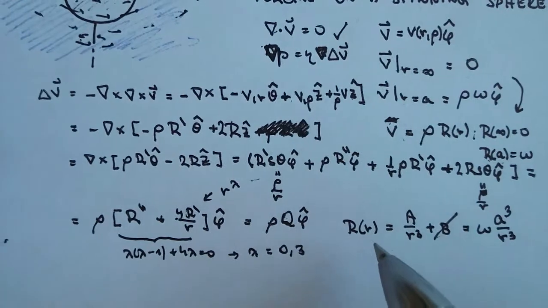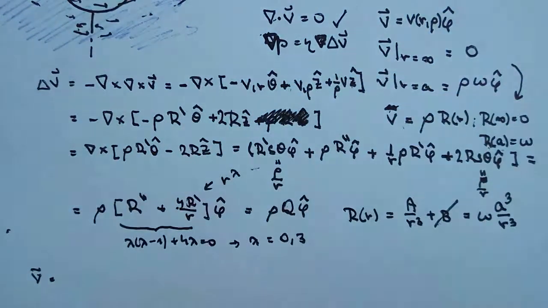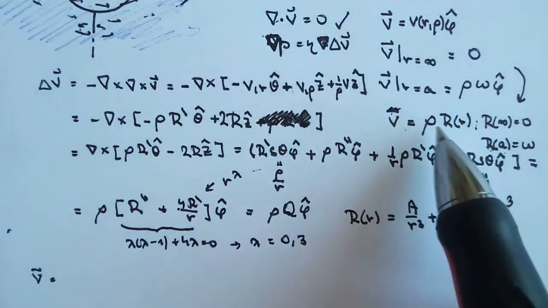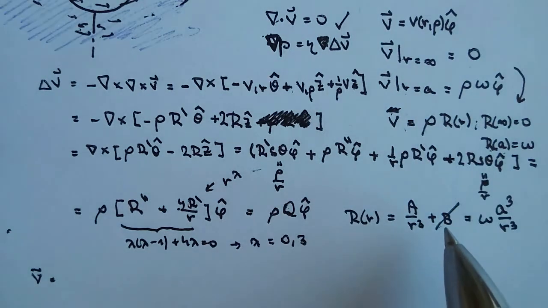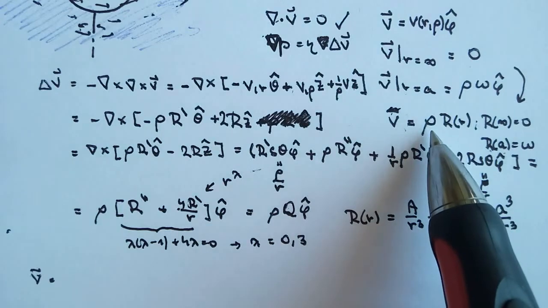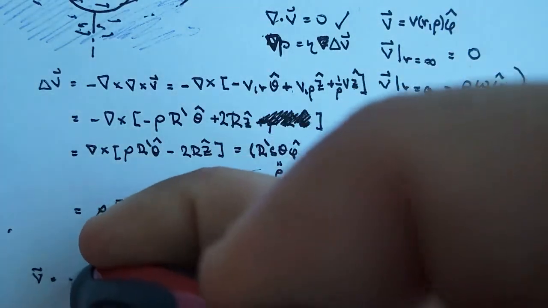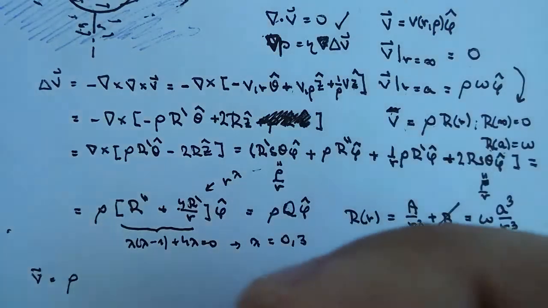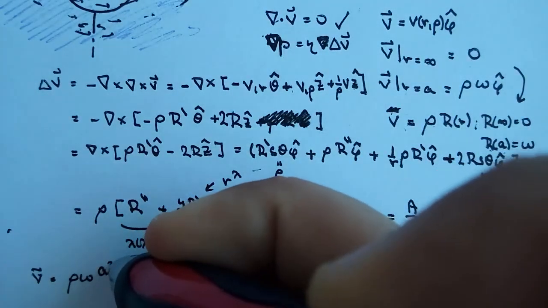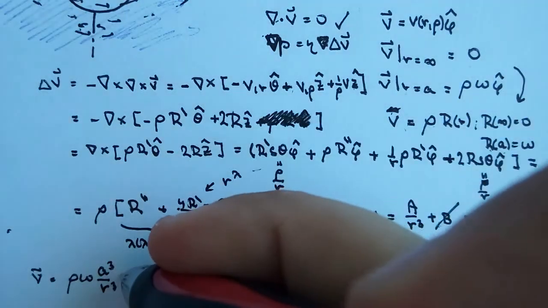Immediately from this you will get the velocity field from the assumption we have made right here. Clearly, the assumption has turned out to be true. The velocity field is linearly proportional to rho, and it's rho times r, which is omega a cubed over r cubed, and there is phi hat.